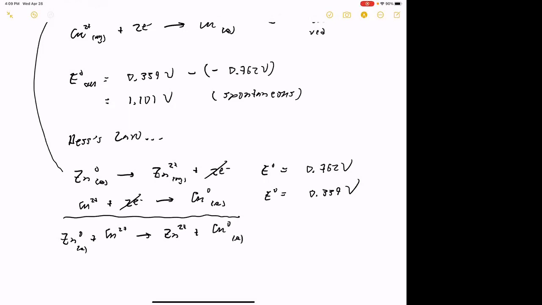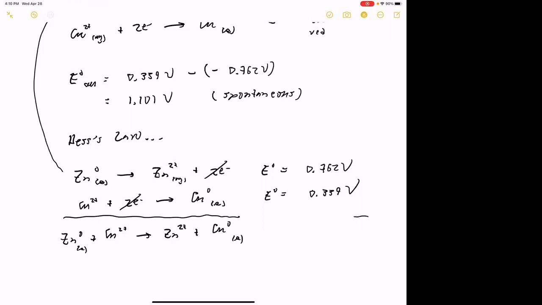According to Hess's law now, if I add the reactions, what do I do with these zeros? Once I get these E0s manipulated and I add the reactions, what do I do with them? Multiply? Don't multiply. You add them. Be careful, because sometimes you're thinking about equilibrium constants, right? That's a different animal.